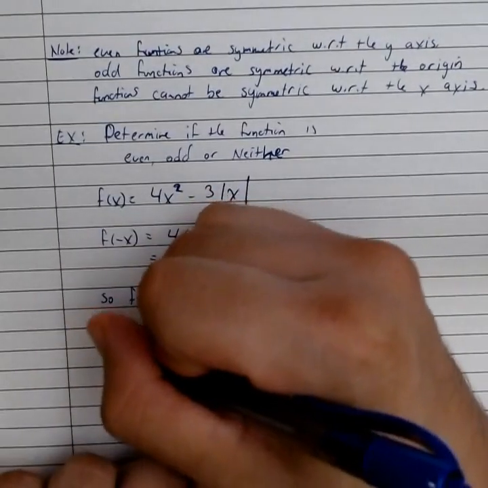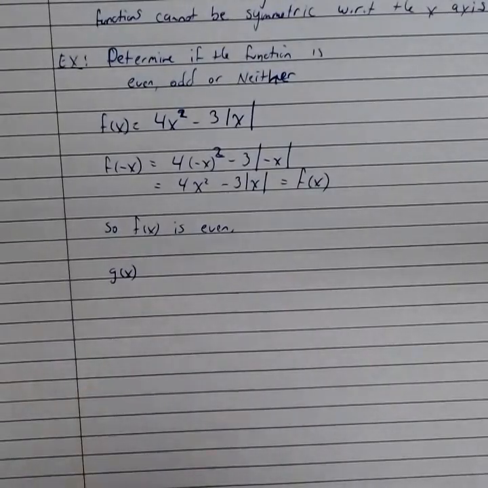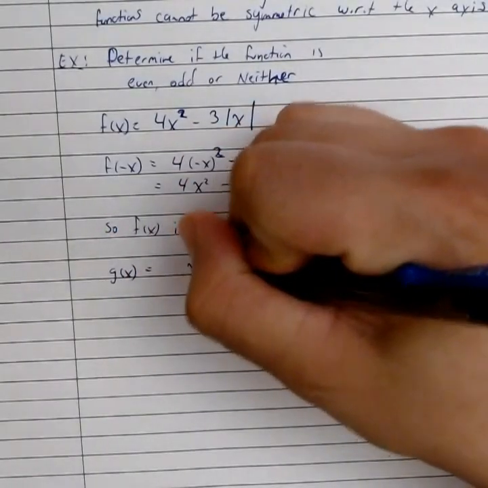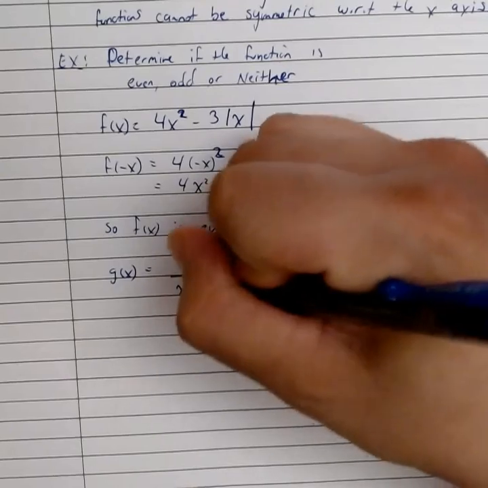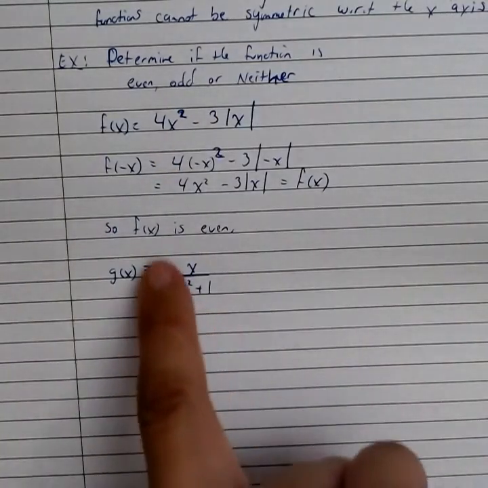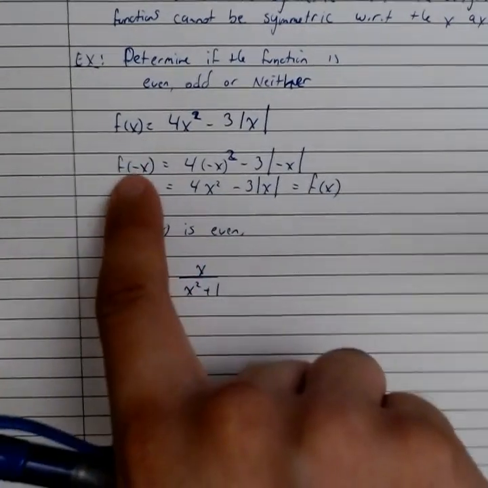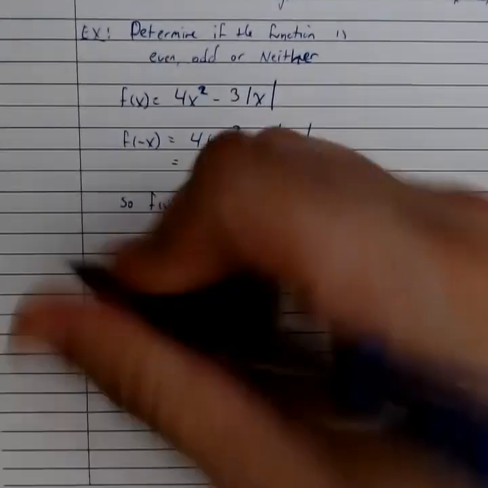Okay. Let's do another one. Let's take g of x. Let's say g of x is equal to x over x squared plus 1. Once again, we're going to test to see if the function is even or odd by substituting in minus x in place of x and seeing what happens.